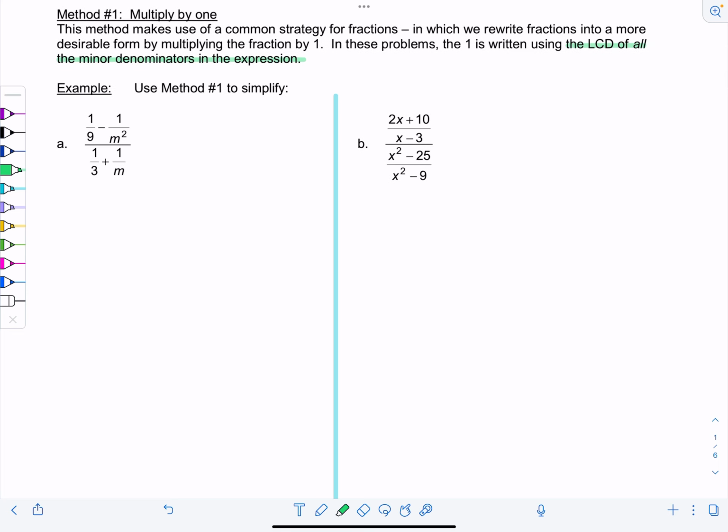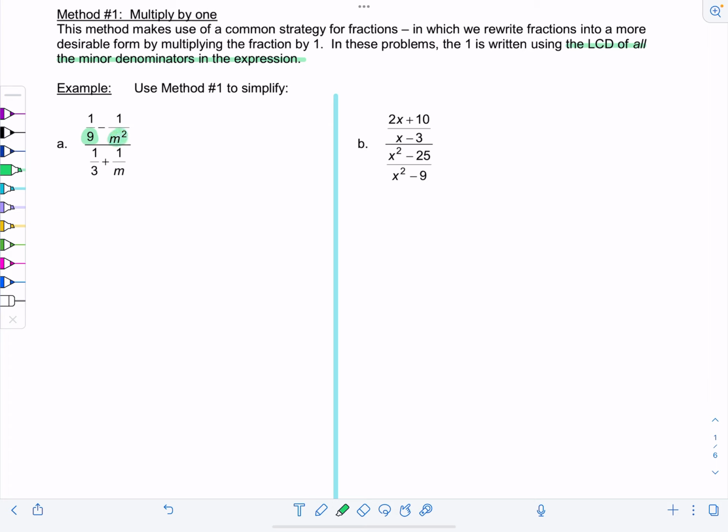Use method number 1 to simplify. Okay, so we have 1 over 9 minus 1 over m squared, over 1 over 3 plus 1 over m. The minor denominators are the denominators of the fractions within the fraction. So 9 is a minor denominator.